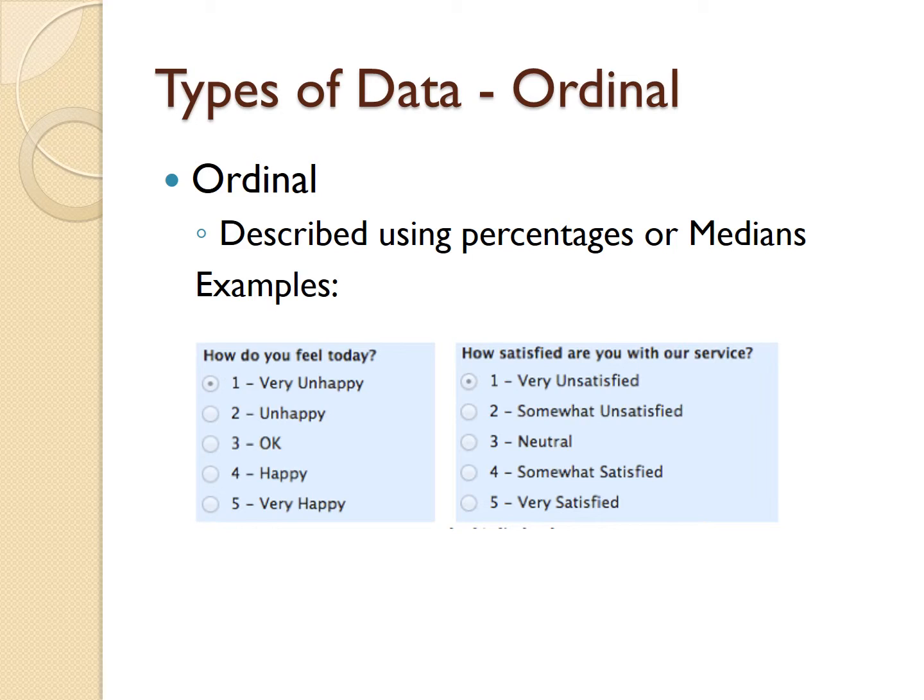The responses to this question could be presented as ordinal using values 1, very unsatisfied, 2, somewhat unsatisfied, 3, neutral, 4, somewhat satisfied, and 5, very satisfied.